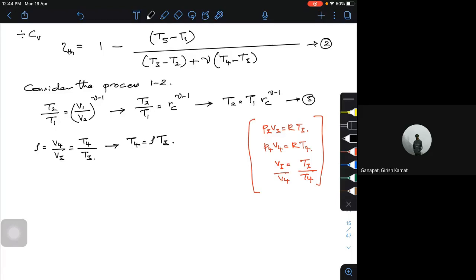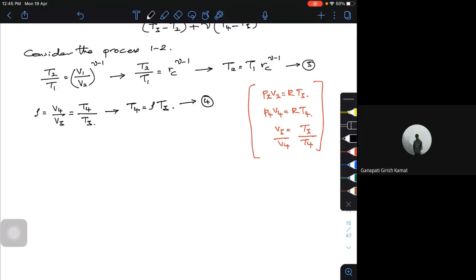Because I don't know the value of T3, I have to get the expression for it. Let me call this equation number 4.